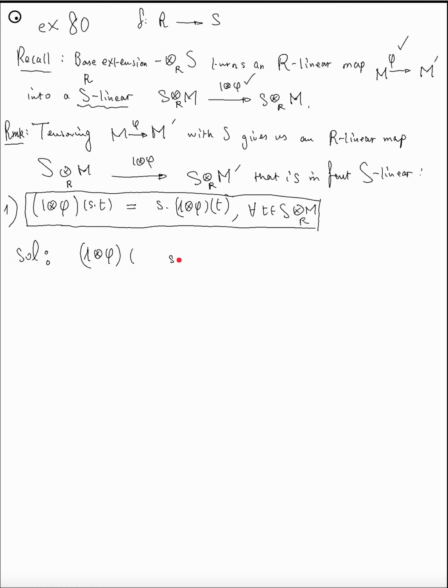So we check for any element small s tensor m. If you multiply by s prime, then by this module structure, this is s prime s tensor m. And then by the definition of tensor product of linear maps, this is just s prime s tensor phi of m.